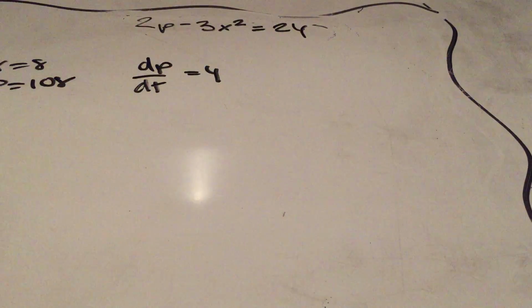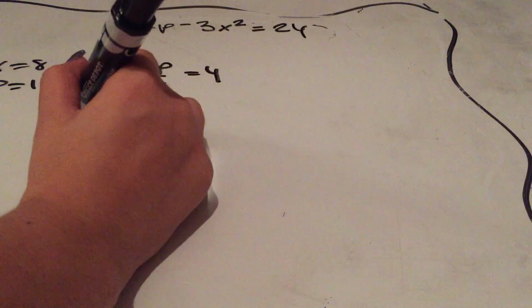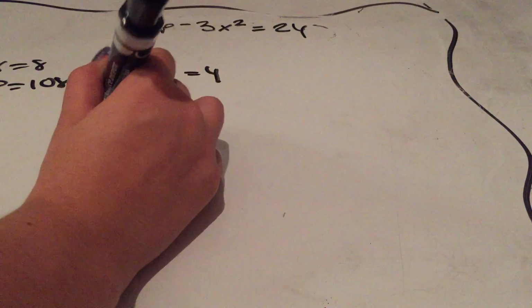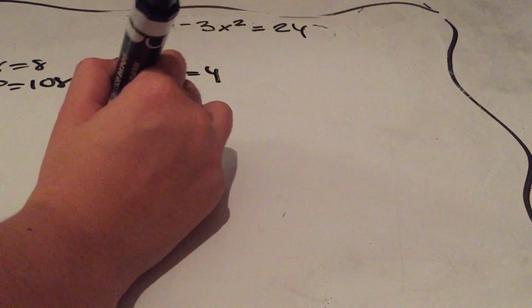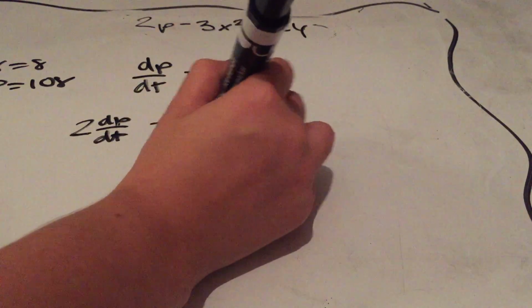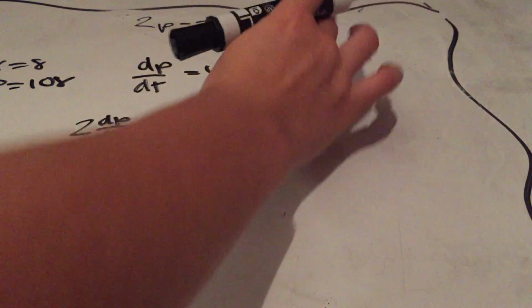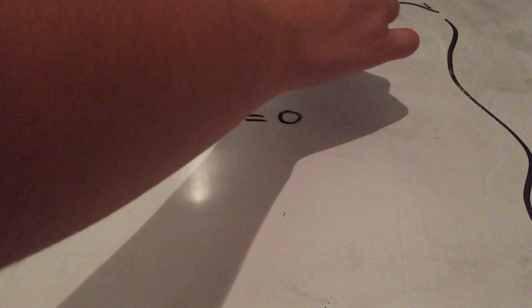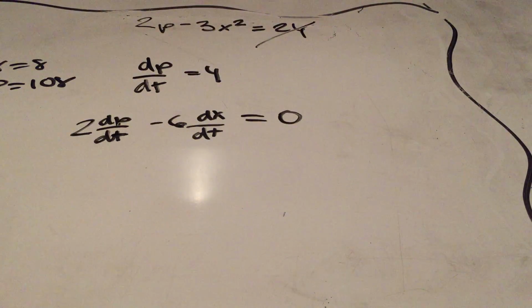So now we're going to take the derivative of this equation, which is 2 dp over dt minus 6x dx over dt equals 0, because again, this is a constant. The derivative of that is 0.